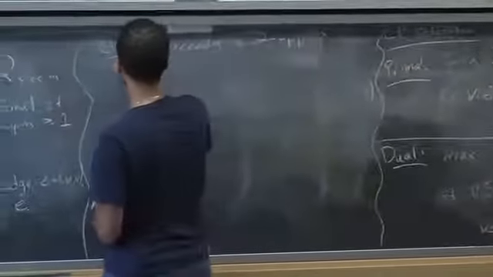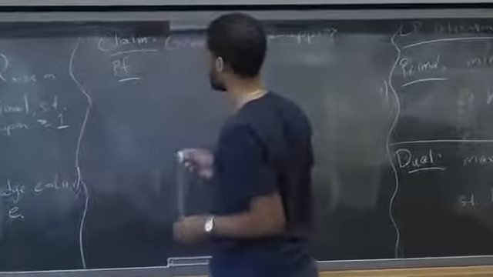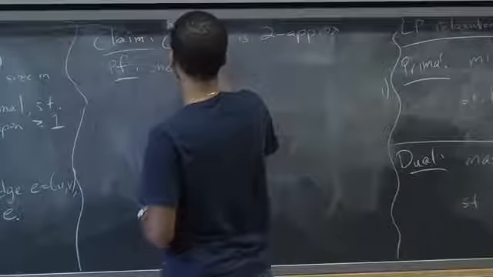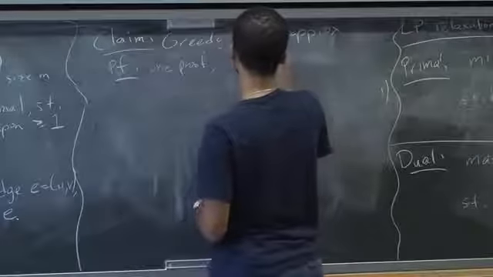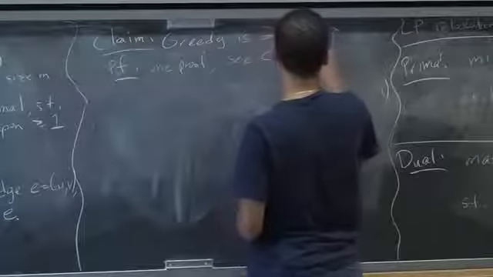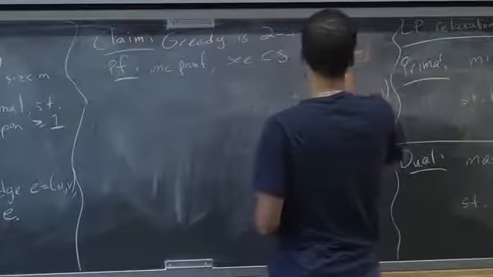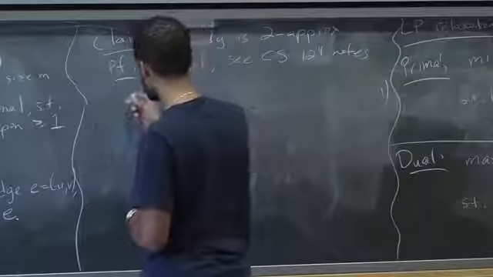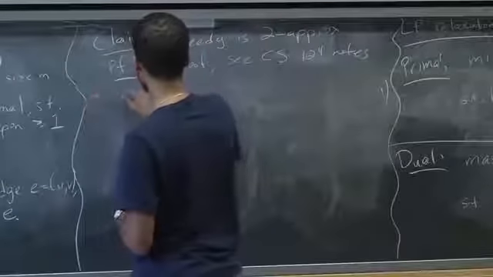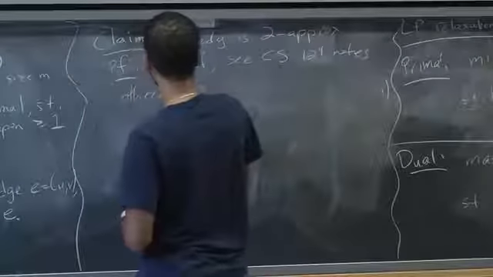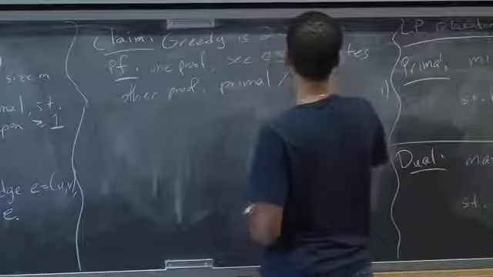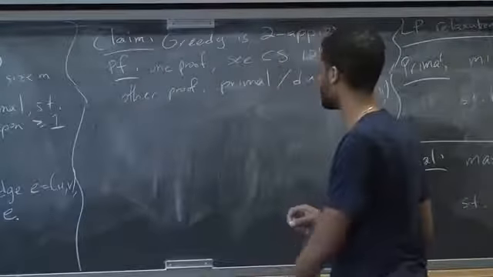If you really want to see one proof, see the CS124 notes, or Google it. But I'll show you a different proof. Today we'll do primal dual, which is going to be helpful for something on the problem set that will come out soon.